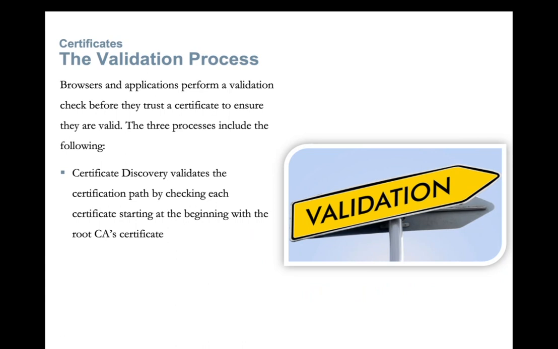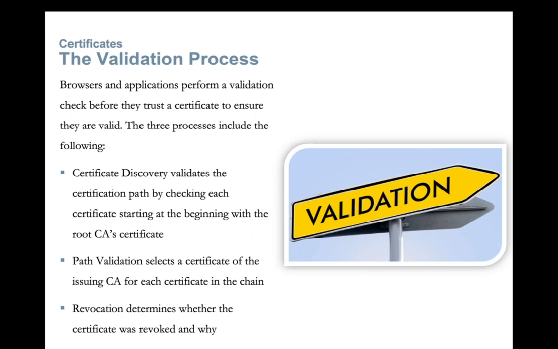Then the path validation selects a certificate of the issuing certificate authority, or issuing CA, for each certificate in the chain, and revocation checking determines whether the certificate was revoked and why. So these are the three processes that include the validation process.